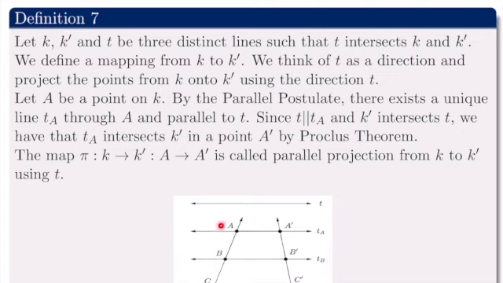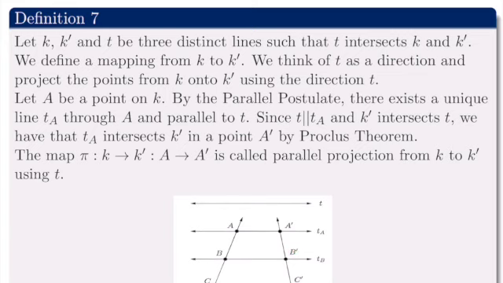So we let A be a point on K, and then by the parallel postulate, we know that there exists a unique line, let's call it TA, through A and parallel to T. Then since T and TA are parallel, and K prime intersects T at some point, we have that TA also intersects K prime in a point, let's name it A prime. That's from Proclus's theorem. And that's how we get our points B prime and C prime.